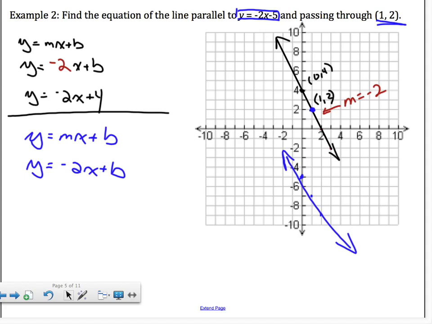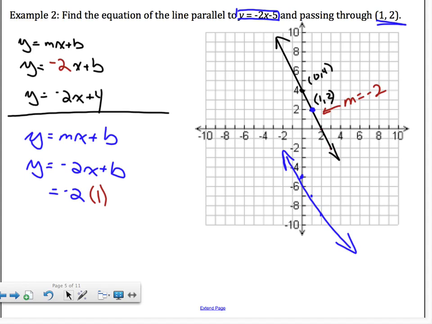So if we go back into our equation, so if x is 1, right? So we have that point 1, 2. If x is 1, then what's the value of y? 2. That's what that means when a line passes through that point.